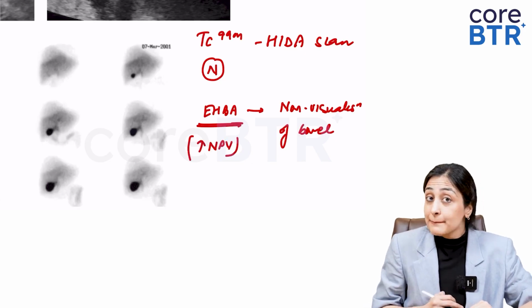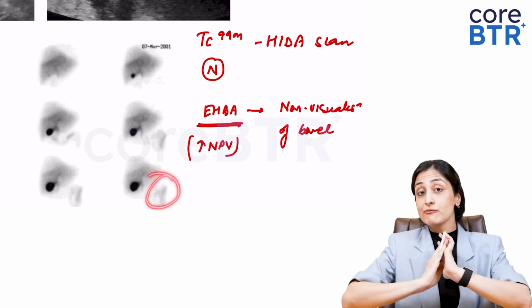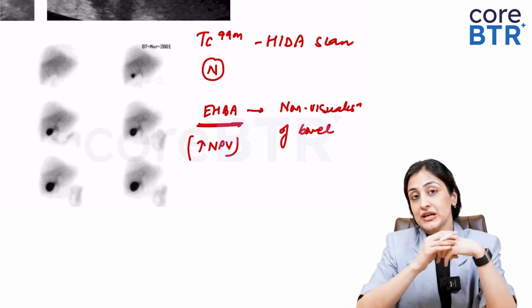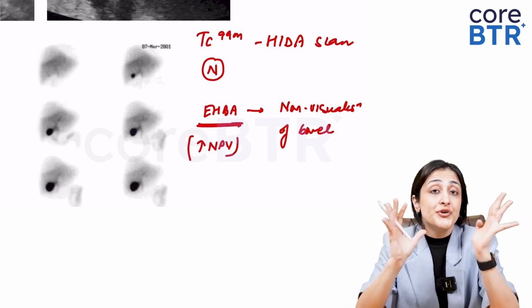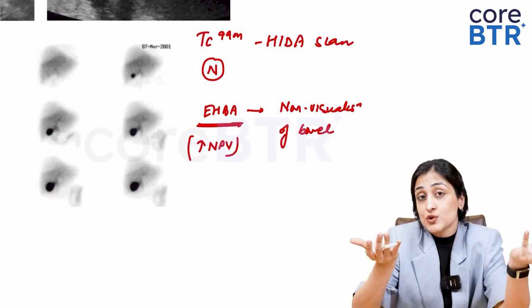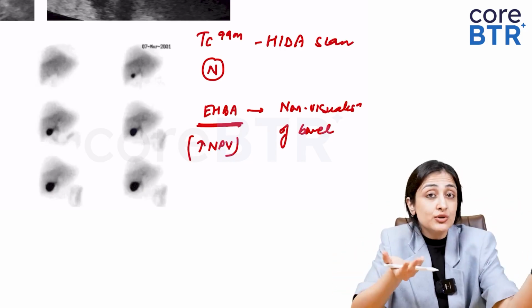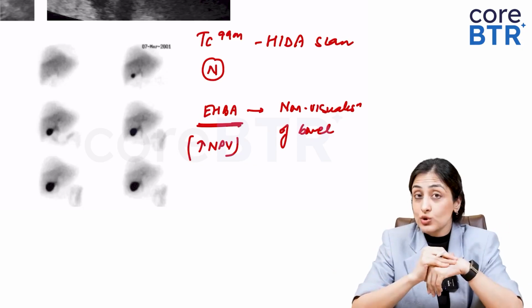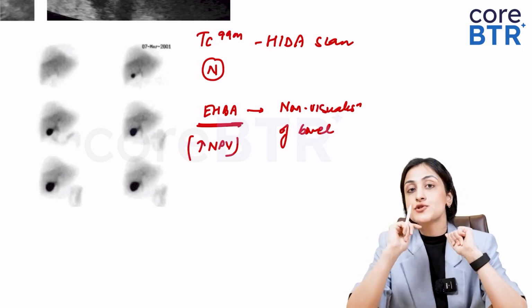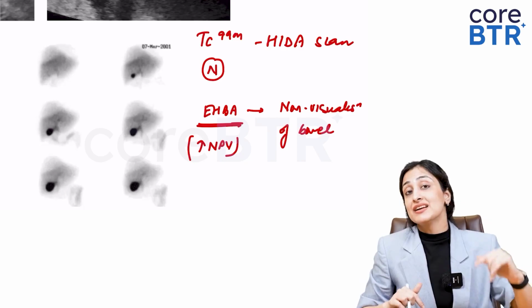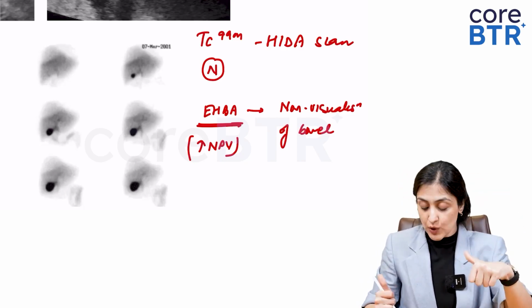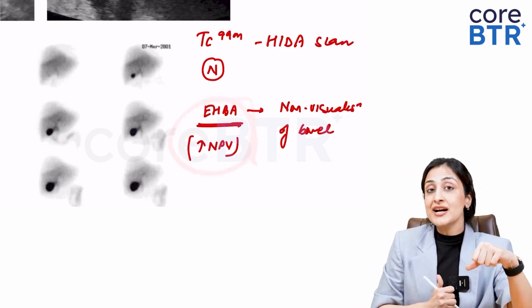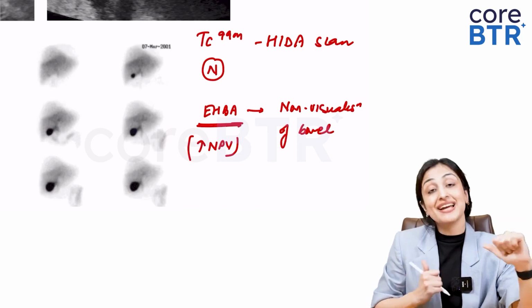Means if I see bowel, I am very sure it can't be EHBA. But if I don't see it, I'm not 100% sure it's EHBA, because it could be some liver dysfunction. It could be neonatal hepatitis, where the liver is not excreting the bile. That is the thing with HIDA, that it can't be the gold standard, because a positive HIDA does not give me as much value as a negative HIDA does.